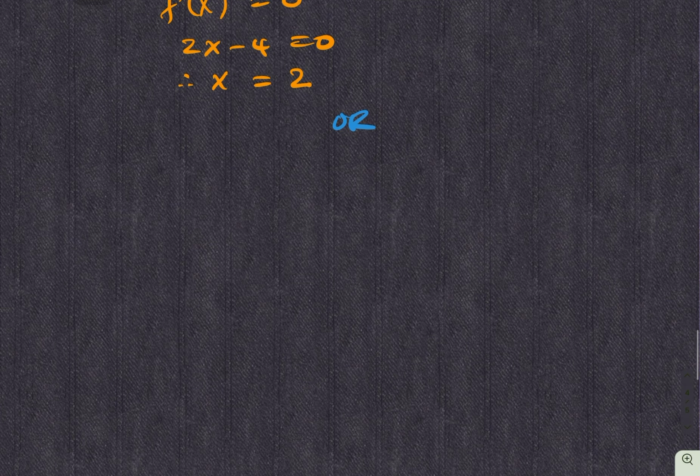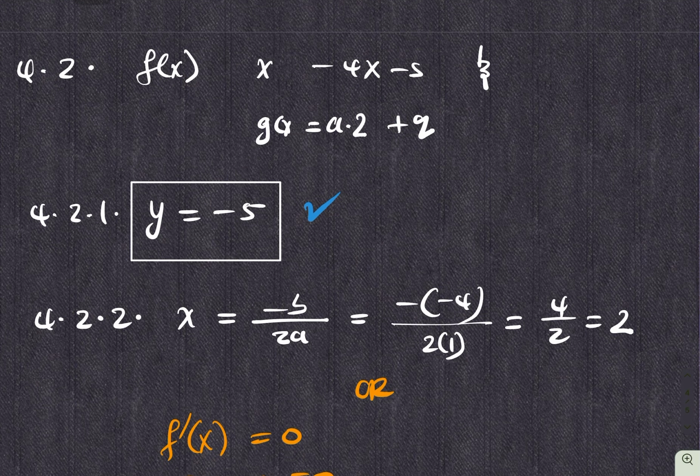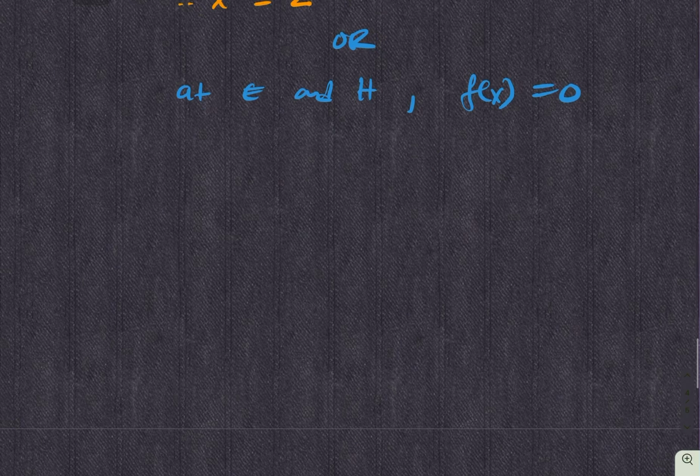At E and H, y is 0, or F at x is 0 there. So that means you're going to solve for the x-intercepts of this graph. So let's do that quickly.